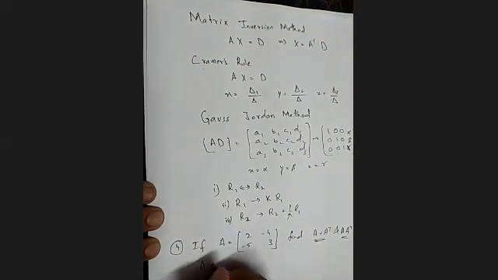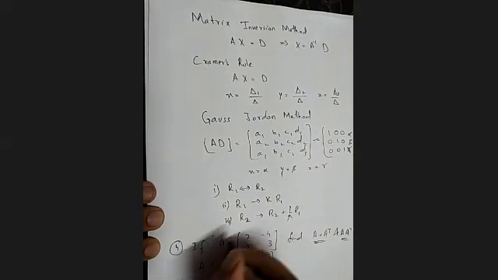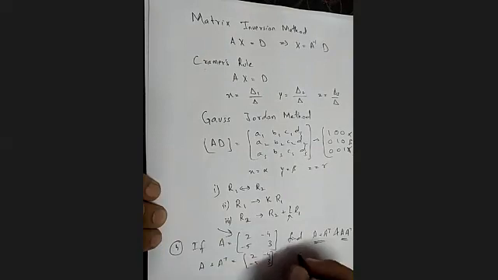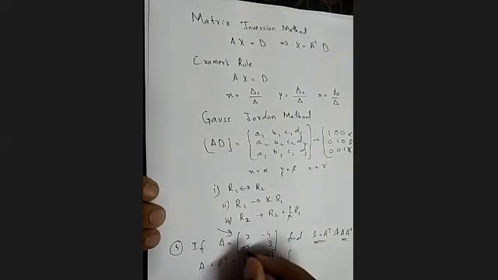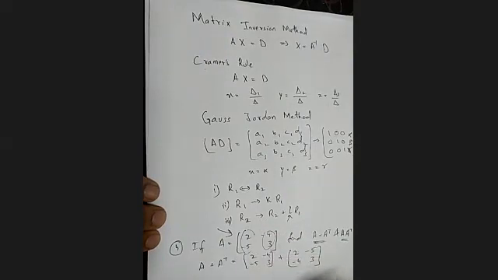So A plus A transpose will be, what is A? 2 minus 4 minus 5 and 3. Okay. What is A transpose? Transpose of A will be, rows will be converted into columns. So 2 minus 5. This row will also be converted into columns. So minus 4 and 3.